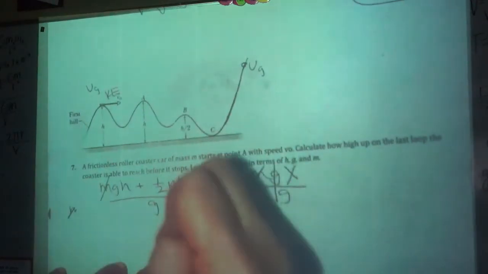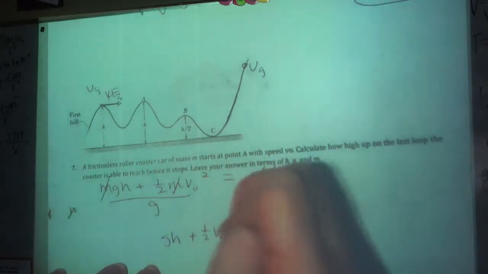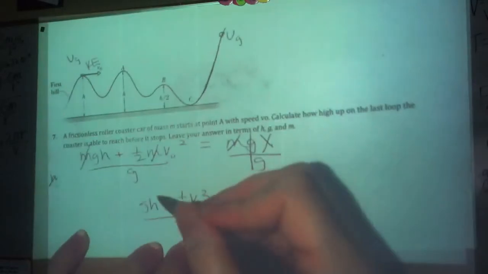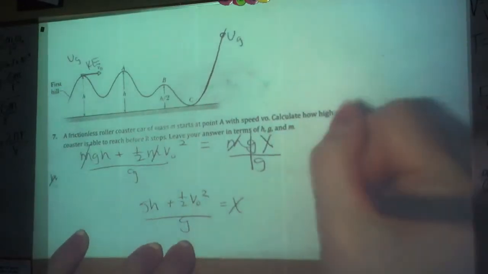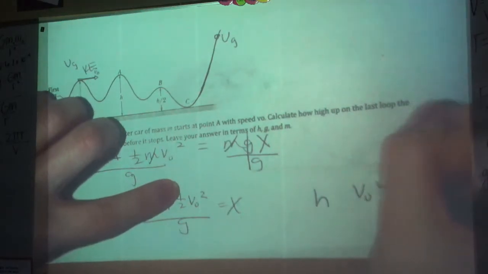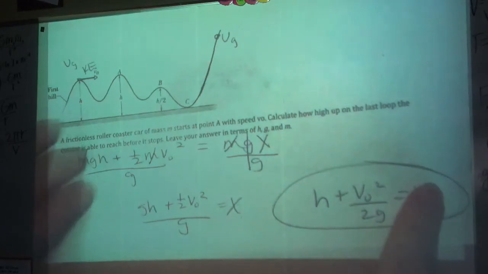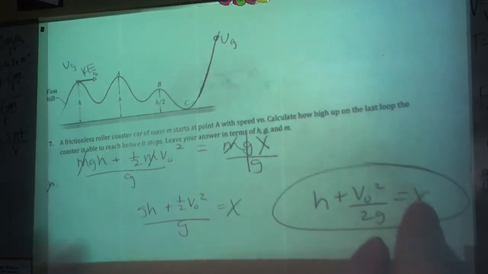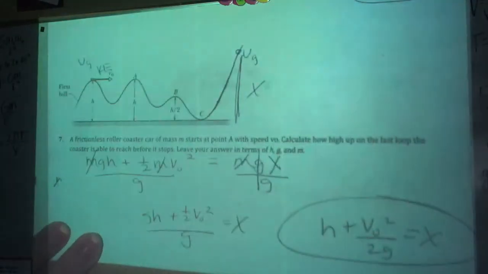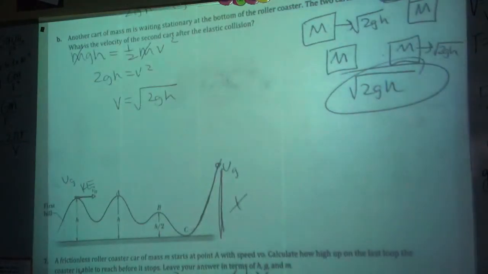You can just leave it as gh plus 1/2 v naught squared over g, or simplify a tiny bit. These g's cancel out, leaving you with just h, but it doesn't cancel out here, so I would have v naught squared over 2g. That is my x, or my height, and x is the very highest point it can go up. Okay. Study hard.